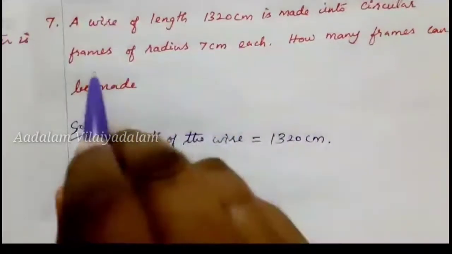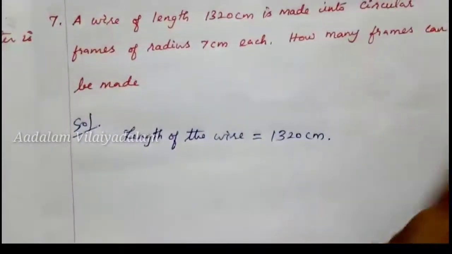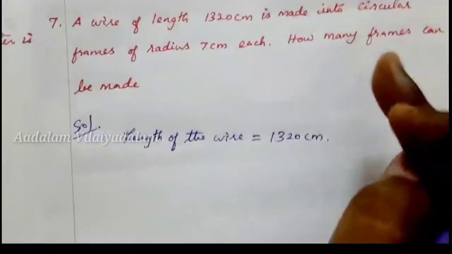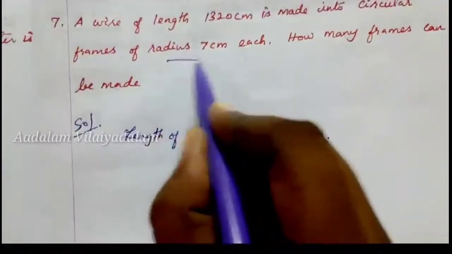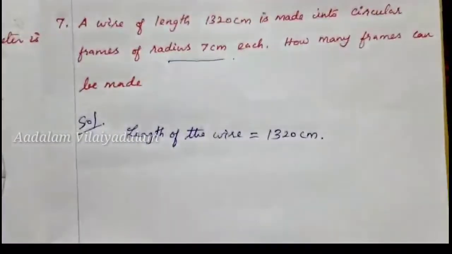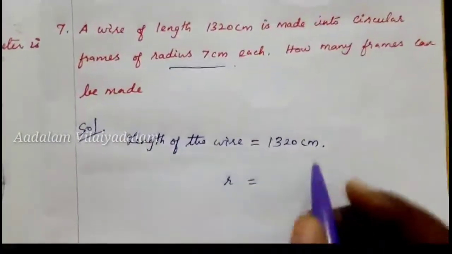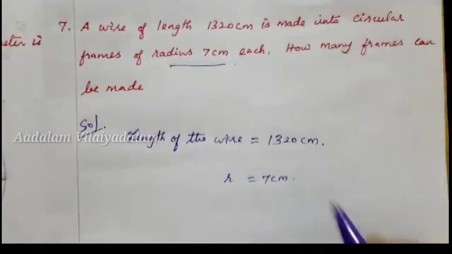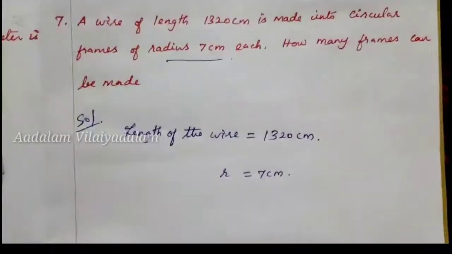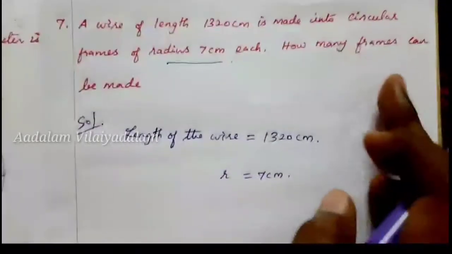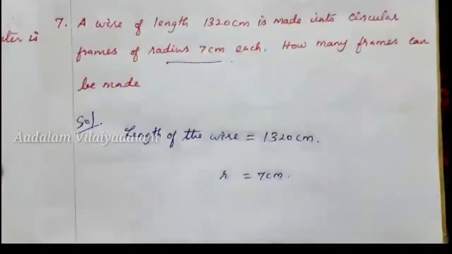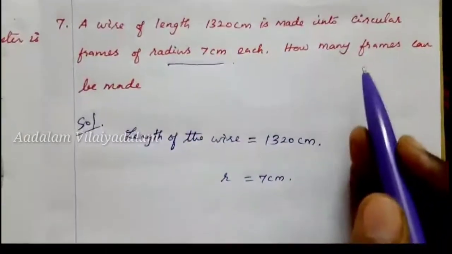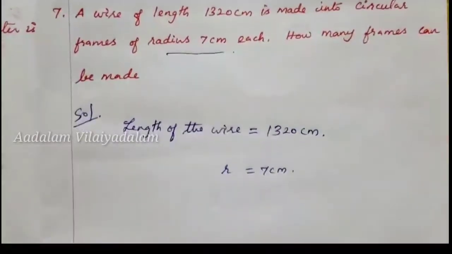They are cutting the wire and creating circles which have a radius of 7 centimeter. So the radius is given, that is 7 centimeter. Now likewise, if they cut the wire, how many frames can be made?